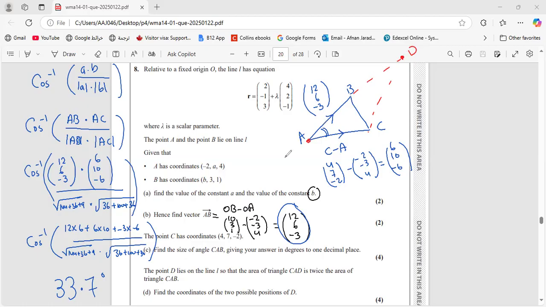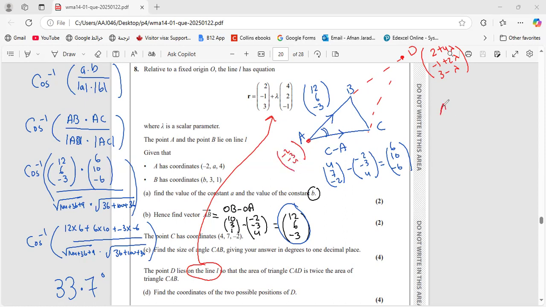D lies on L, so you need to use the equation of L. D equals (2 plus 4 lambda, -1 plus 2 lambda, 3 minus lambda). I need lambda to find D. And you have point A, which is (-2, -3, 4).